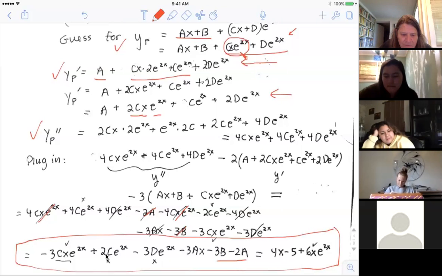And those are my terms there. Then I'll sometimes use checks to combine the other ones. When I got all of this stuff combined on the left-hand side, I was looking at x e to the 2x terms. I was looking at just e to the 2x terms. Here were some more. These are both e to the 2x terms, so I could have combined these, and I'll do that in just a second. There's a minus 3ax, and there's a constant.